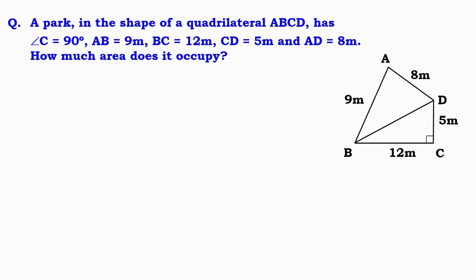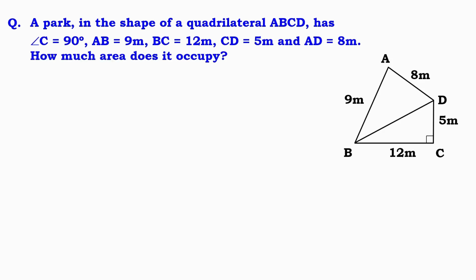Now coming to the next question. A park in the shape of a quadrilateral ABCD has angle C equal to 90 degrees, AB equal to 9 meter, BC equal to 12 meter, CD equal to 5 meter, and AD equal to 8 meter. How much area does it occupy?